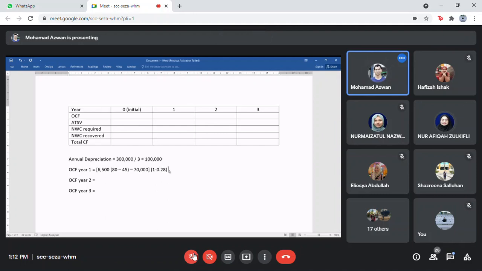And lastly, you plus depreciation times tax rate. I put a note here that I use the tax shield approach. If you want to use top-down, it's okay. So how much is OCF for year 1?